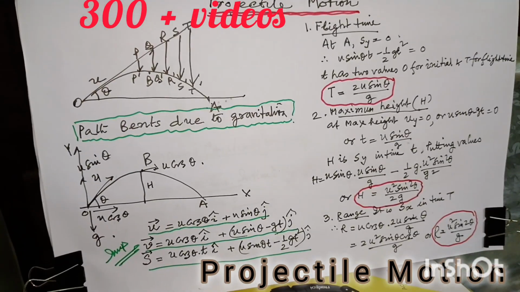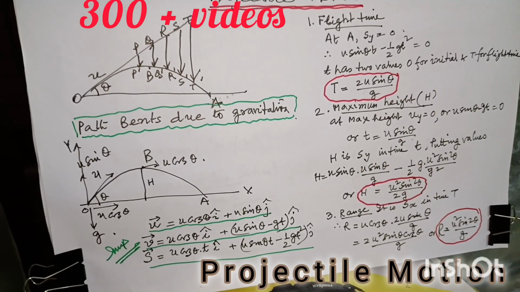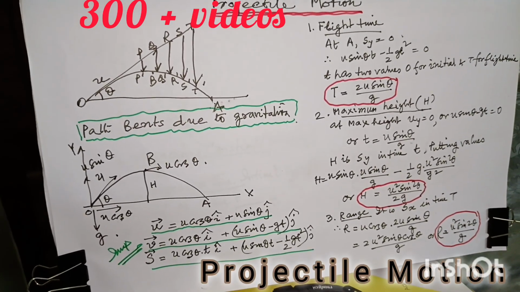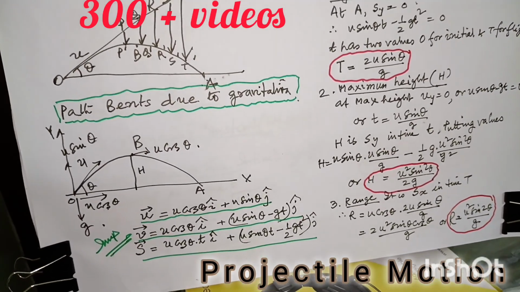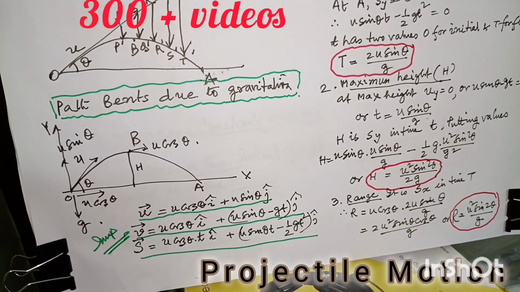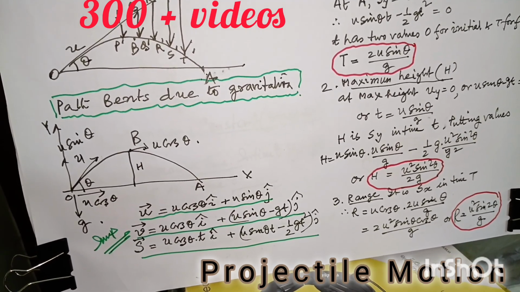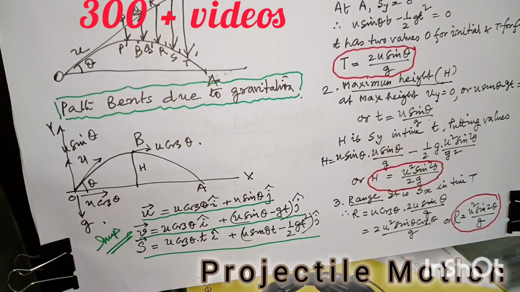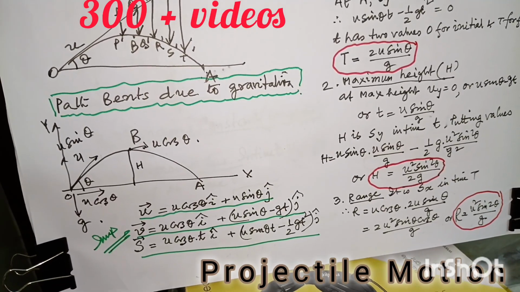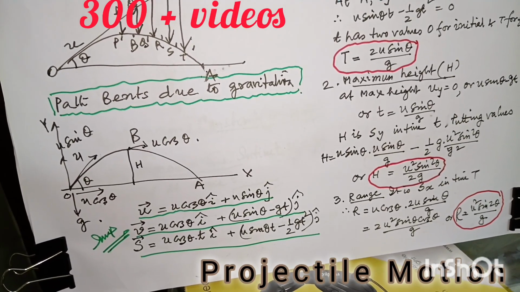Now we will try to deal with this projectile, because this projectile is a two-dimensional motion, so it will be dealt with accordingly. Here we have taken the vector method.